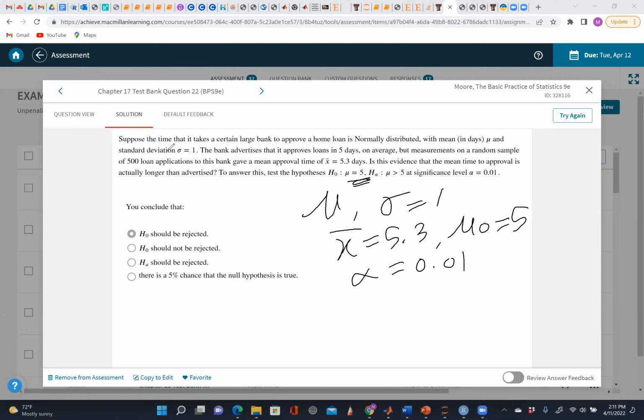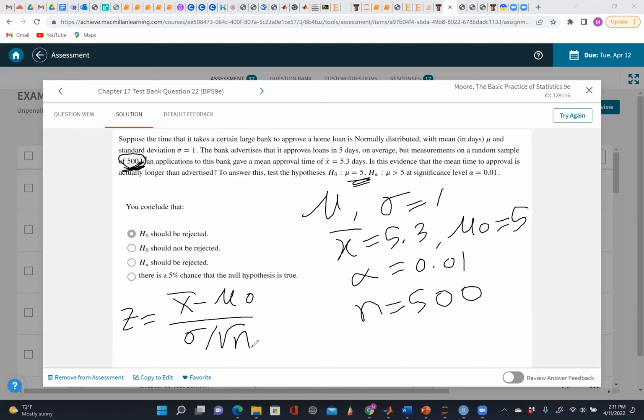The sample is 500 loan applications, so the sample size is 500. Now calculate the test statistic, which is X bar minus mu 0 over sigma over the square root of n.